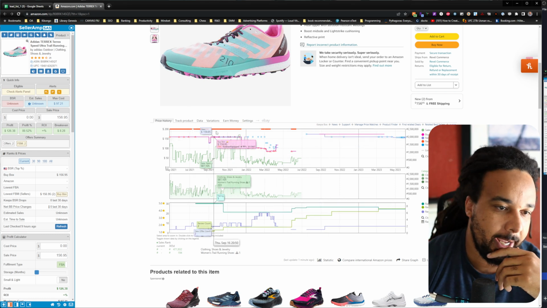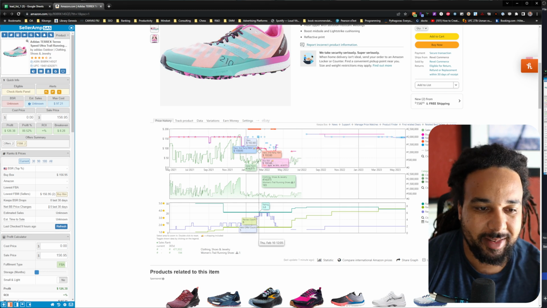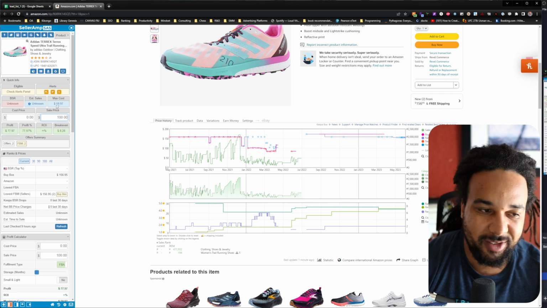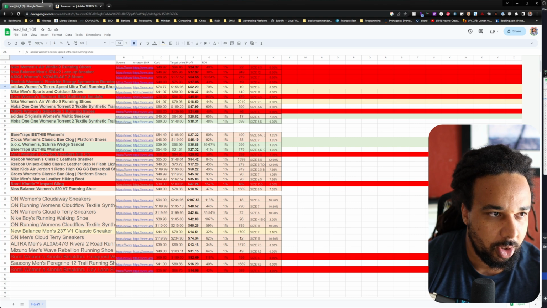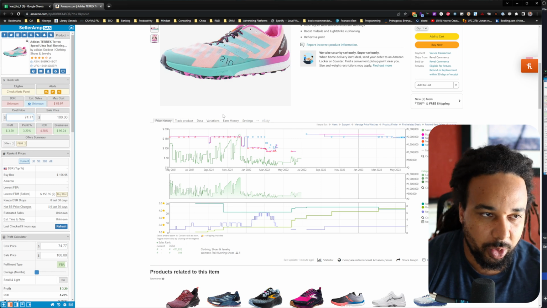It's way too high. So you're probably not gonna sell. And even when it was selling, it was like at $100. It's not even sure that this specific variation was selling. But at $100, how much do we get this for? We get this for 74.77. Bad lead. I do not even want to look at variation.